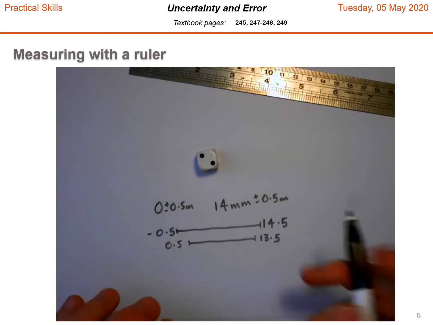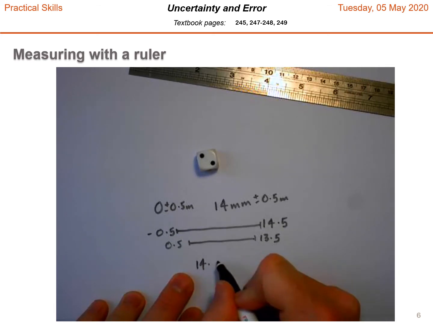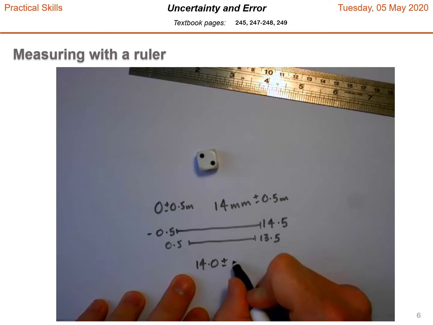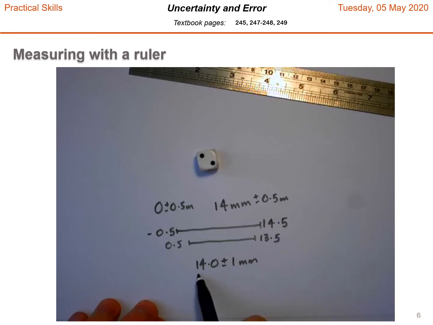And so what we say is overall we have got a range of 14. I'm going to add that 14.0. I'm justified to do that here. 14 plus or minus 1 millimeter, and that is going to be our reading here.